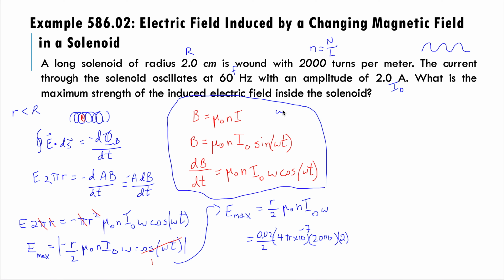Remember, omega is equal to 2 pi f. That's the definition for angular frequency. So we can put 2 pi f, where f is 60 hertz. So we plug in all of these values, and we're going to get a maximum field of 0.019 newtons per coulomb.